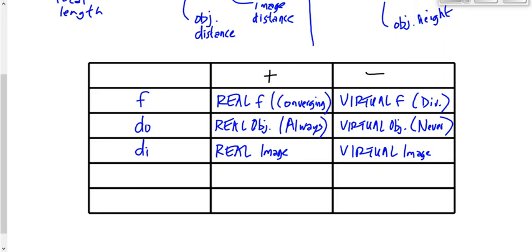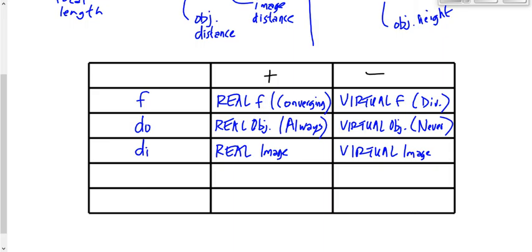There were 10 ray diagrams that we drew for mirrors. One of them produced no image. 3 of them produced real images, and 6 of them produced virtual images. So 3 out of 10 times, Di will be positive, and 6 out of 10 times, Di will be negative.